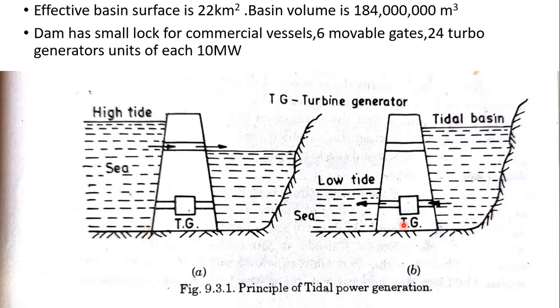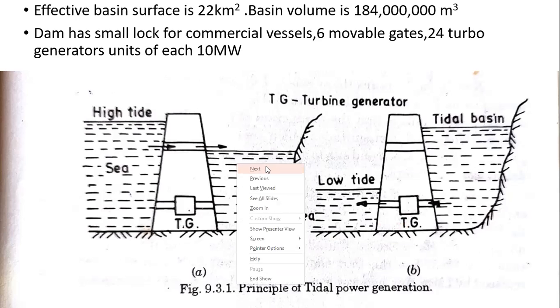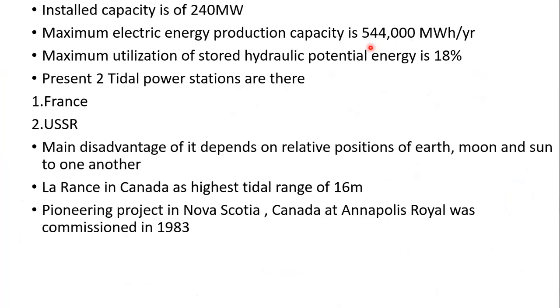Tidal waves are not present all day and at all times. When the tides are present, we can generate power at that time. So it is termed intermittent. The maximum electric energy production is about 5,44,000 megawatt hours per year. So this is the maximum energy production capacity.